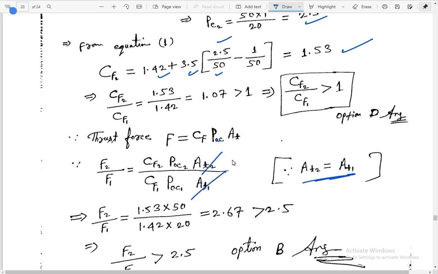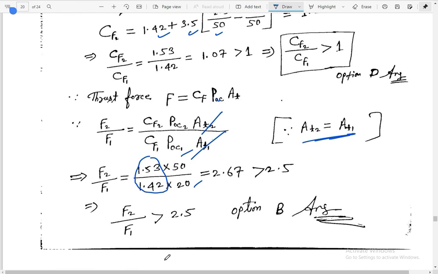Only we have CF2 by CF1, which we already have, and PAC2 50, PAC1 20. After solving we will get 2.67, which is greater than 2.5. That is F2 by F1 is greater than 2.5. So option D and option B are the right options.